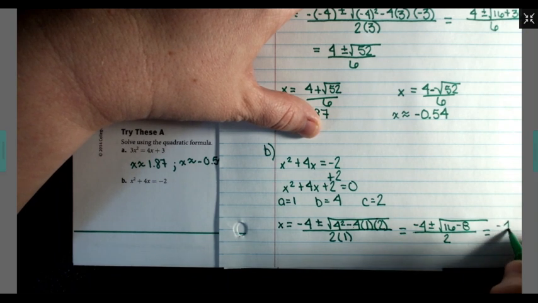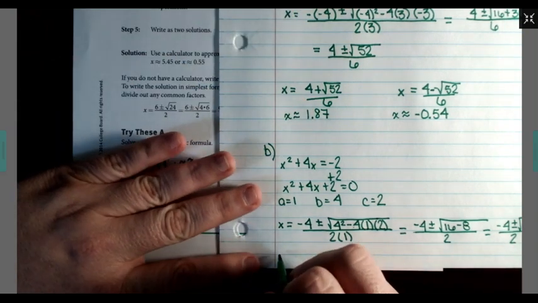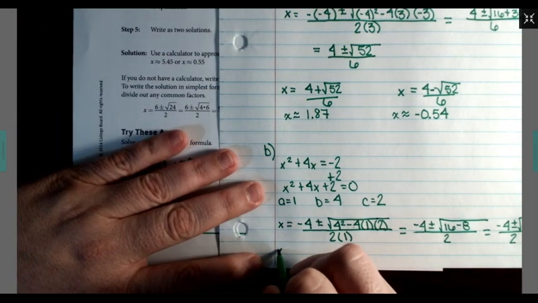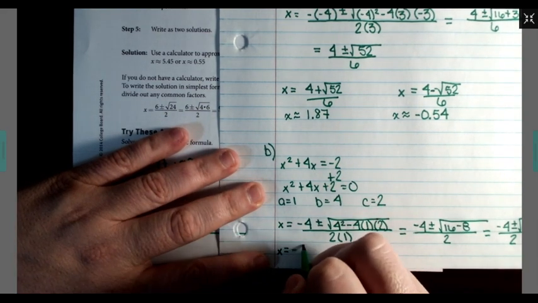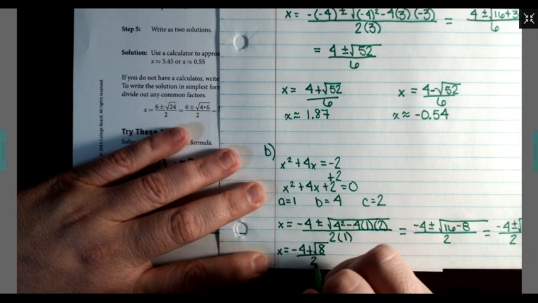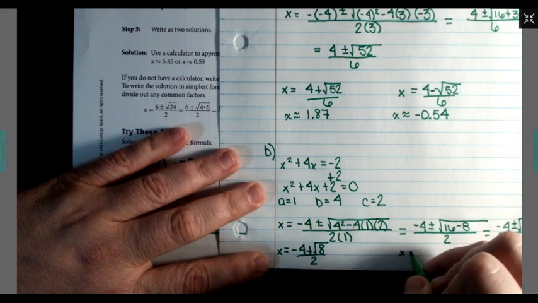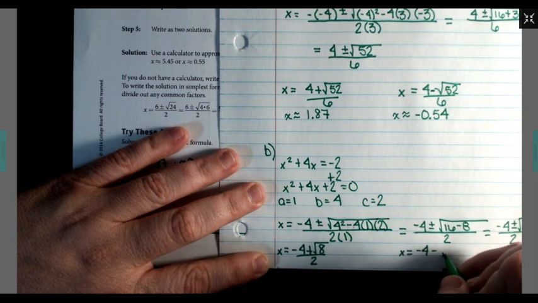So that's going to be negative 4 plus or minus the square root of 8 all over 2. So x equals negative 4 plus the square root of 8 over 2. And this one's going to say x equals negative 4 minus the square root of 8 over 2.